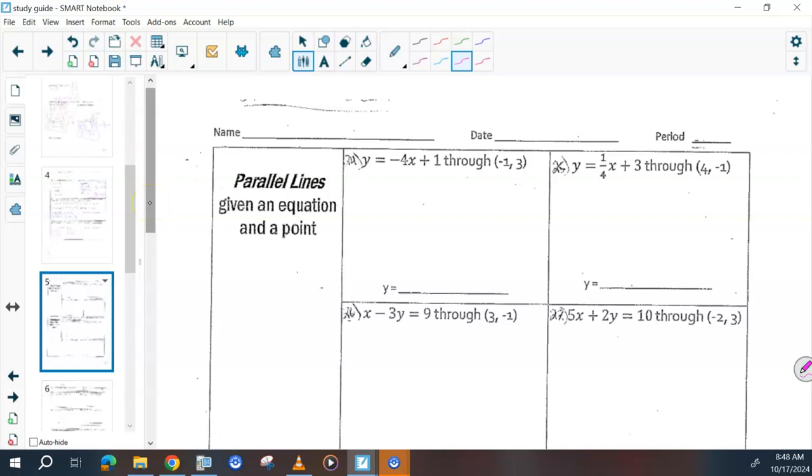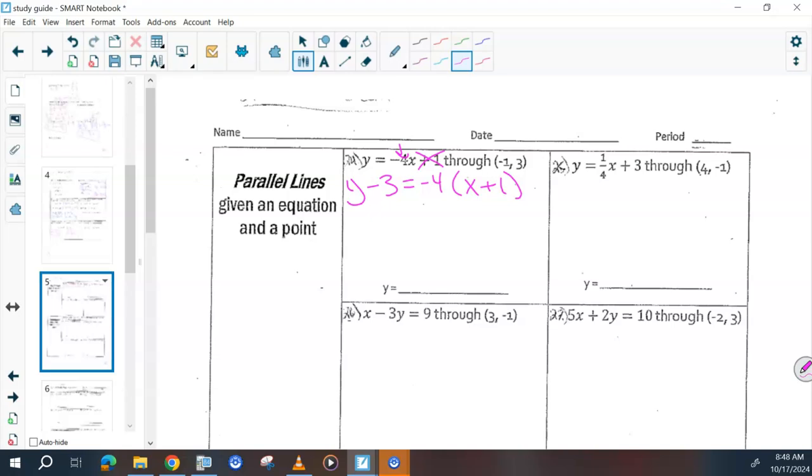So, with 24, we're given some equation, and we want to find another equation that's parallel to this one. So if you don't need that y-intercept, we can get rid of it. If it's parallel, the slope is going to be the same, that negative 4. So then we're using our point slope. Y minus our y1, 3, equals our slope, times x minus our x1, or plus 1.